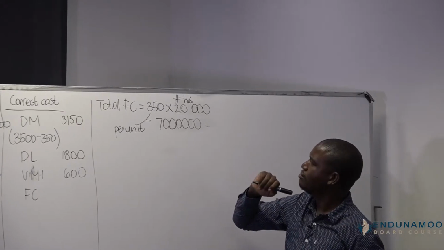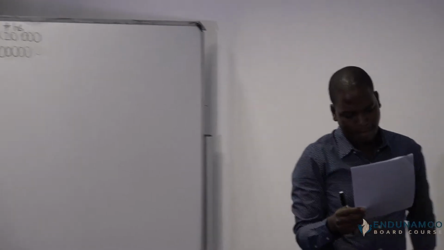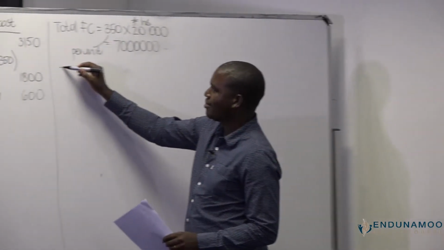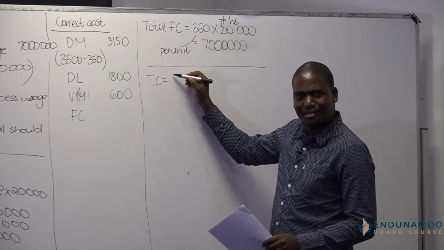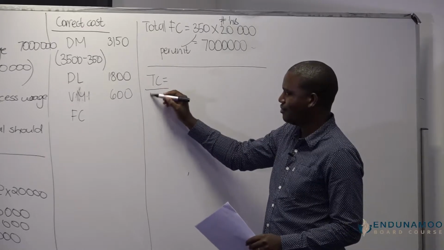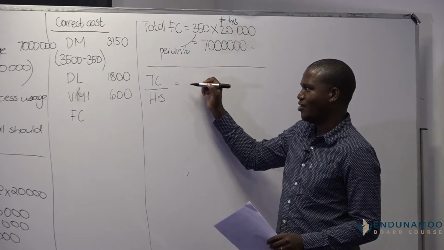Can you please explain? Because here they say it's based on actual total fixed manufacturing cost divided by actual labor hours, which will be TC over my actual labor hours equals 350. Total fixed cost over actual labor hours equals 350.